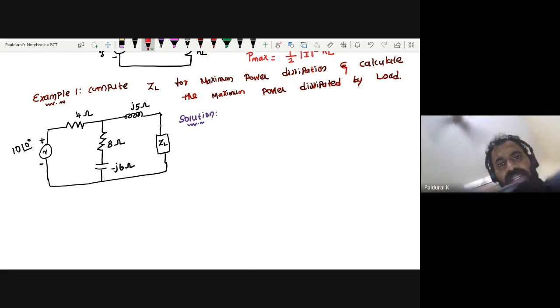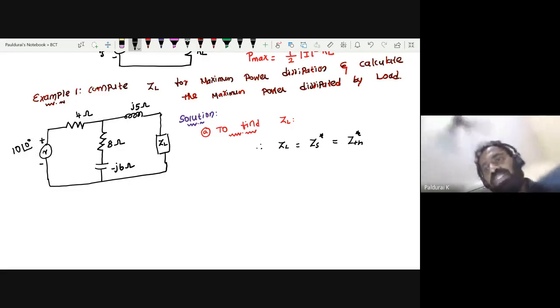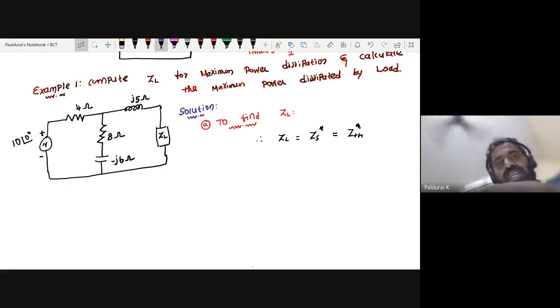First, we will calculate part A, to find ZL for the maximum power transfer theorem. This time the load is an impedance. If the load is an impedance, then ZL equals ZS conjugate, where ZS is nothing but ZTH, the conjugate of the Thevenin impedance. So you want to calculate the Thevenin impedance.